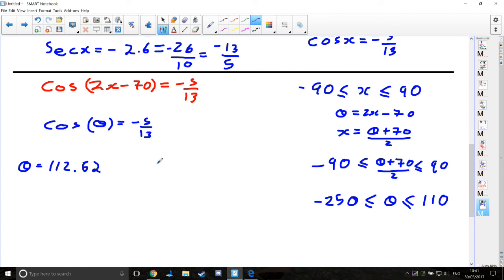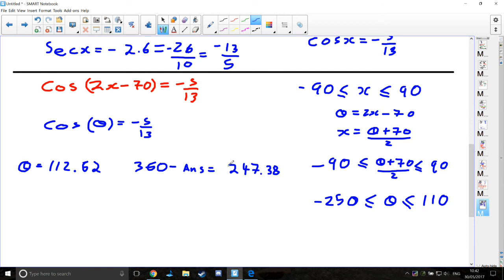The next solution that we get is 360 minus the first. So I type in my calculator 360 minus the answer, and I get 247.38. Now, neither of these solutions are in range for theta, so I need to adjust these accordingly now.